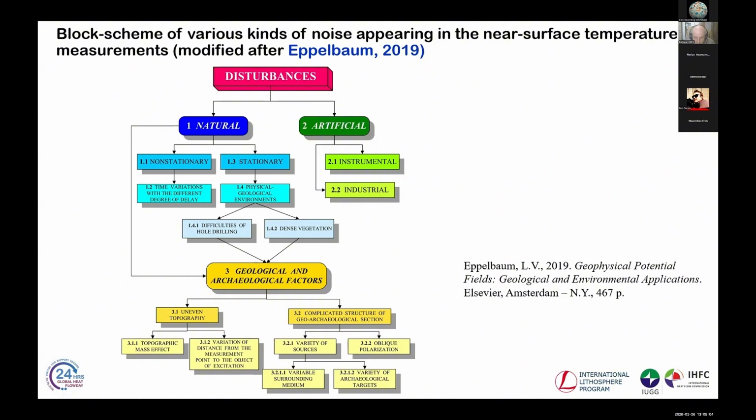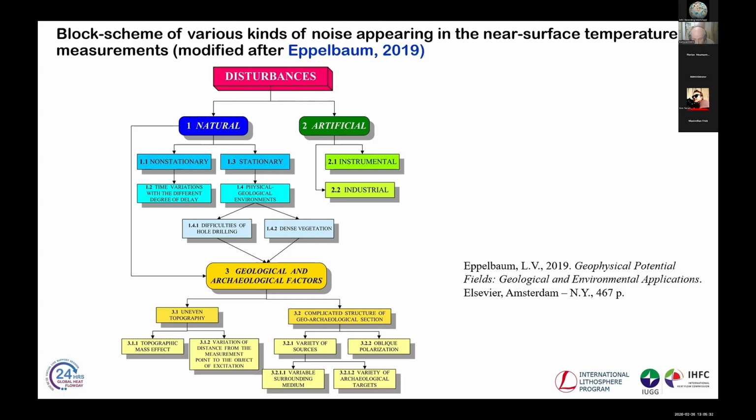After this, we have some natural disturbances such as geological and archaeological factors and event topography. And event topography is twofold. The one, topographic mass effect, and second, the variation of distance from the measurement point to the object of excitation. It's the same as in other geophysical fields.